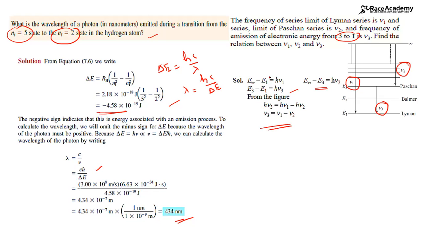Substituting the values of E1 and E3, h gets cancelled, and nu 3 is equal to nu 1 minus nu 2. So this relation we have found from the diagram only.